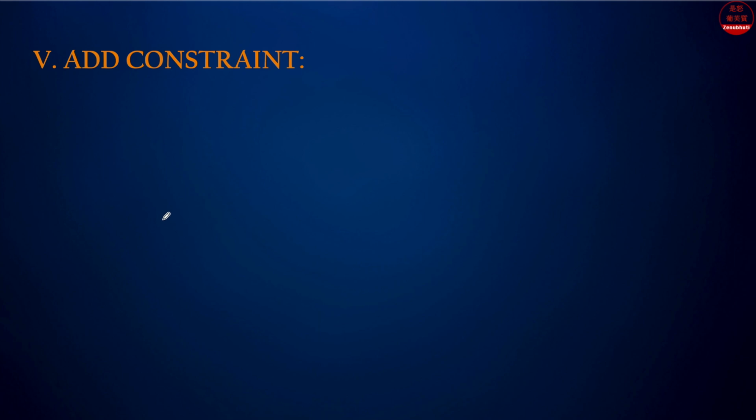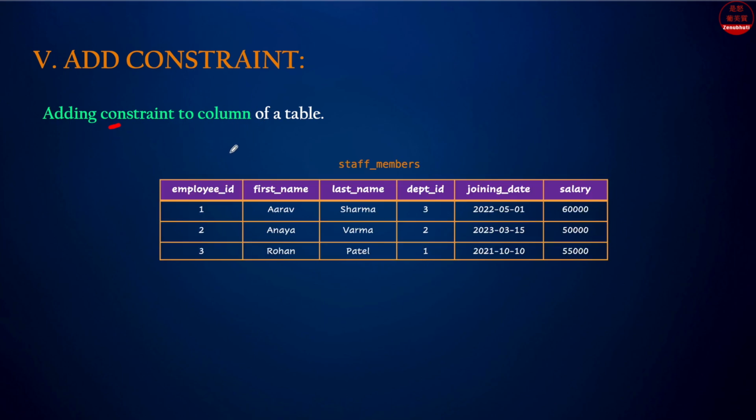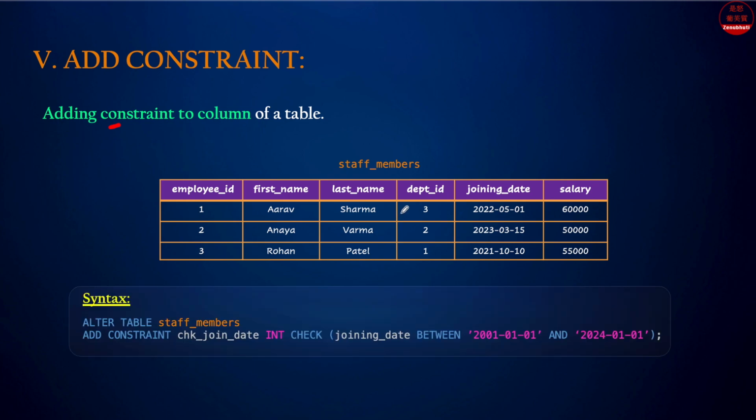Now add a constraint. If you want to add some new constraint to your column, then you will use the add constraint statement. This is your table, and now you want to add some constraint for joining date. We'll see how to do that.